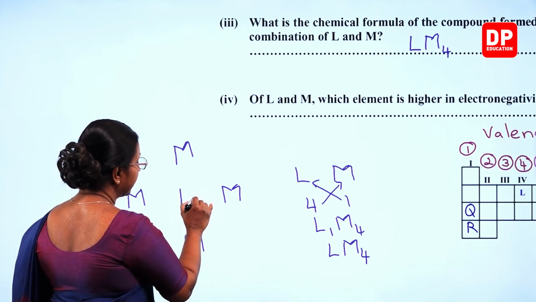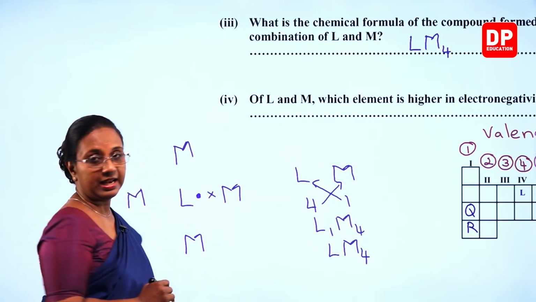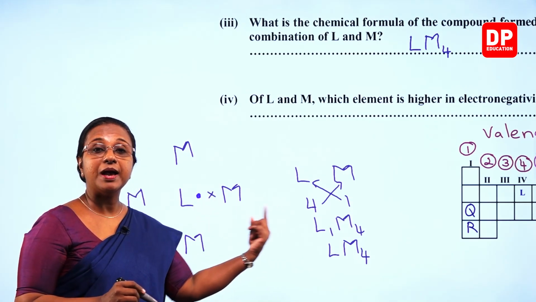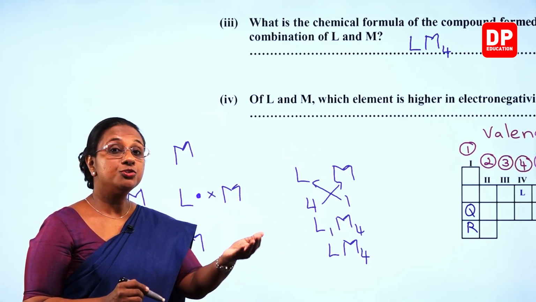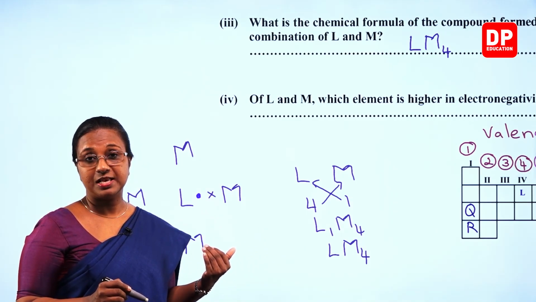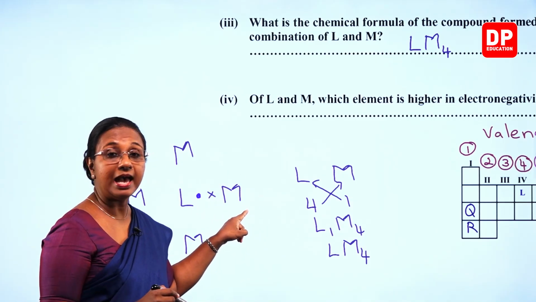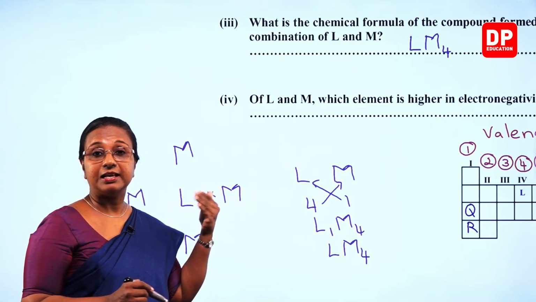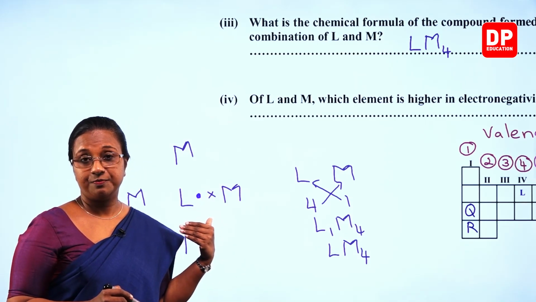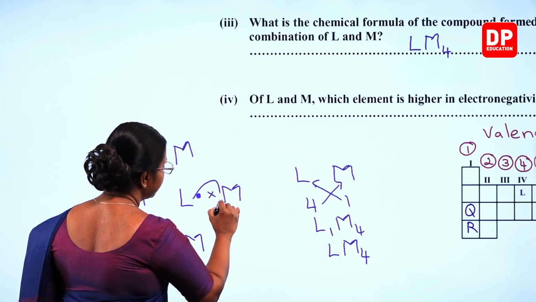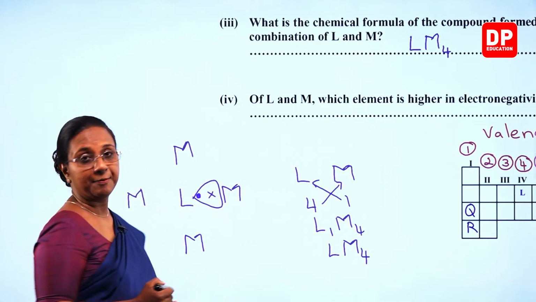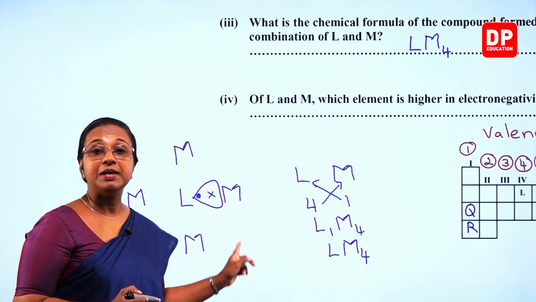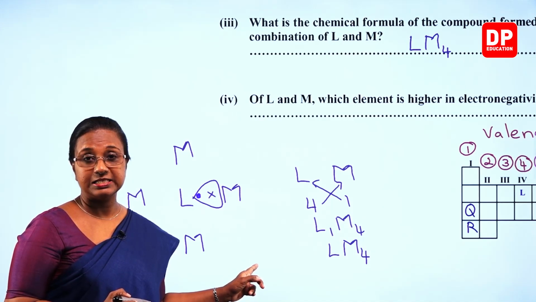Now L gives an electron, M also gives an electron. But when you compare the abilities to draw the electron towards themselves, M has higher ability to draw the electron towards itself. Here, of course, the electrons will be more towards M. Why? M is more electronegative.